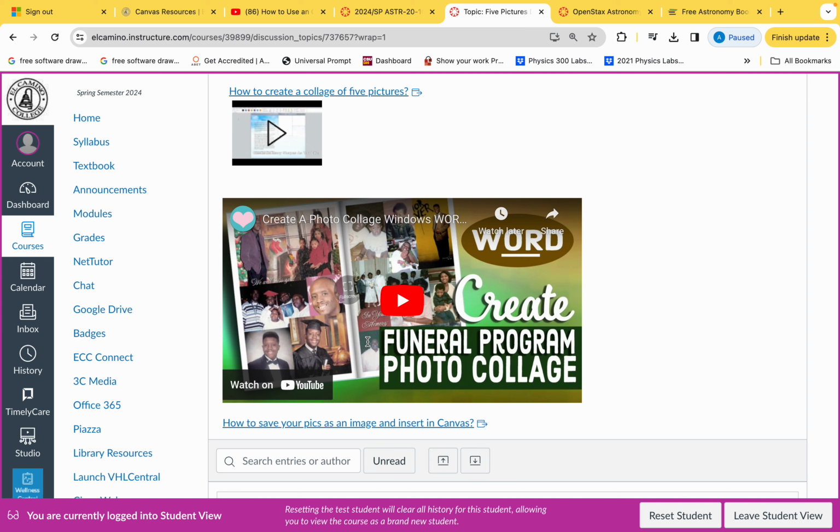Every student is going to create a 5 picture collage of the things that he or she is interested in or likes in their lives, and talk in a very few sentences, about a sentence for each picture, saying maybe this is my dog, this is my husband, this is my wife, these are my grandkids, whatever you want to say, and maybe sharing a sport that you like. That is going to create a sense of community among all the students.